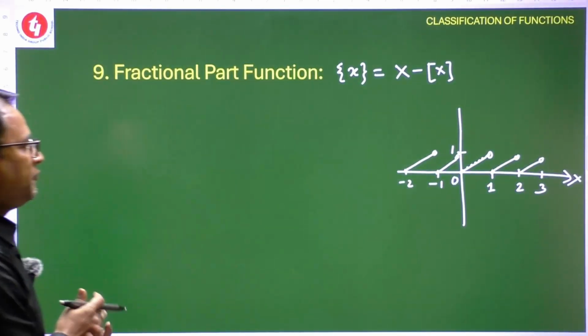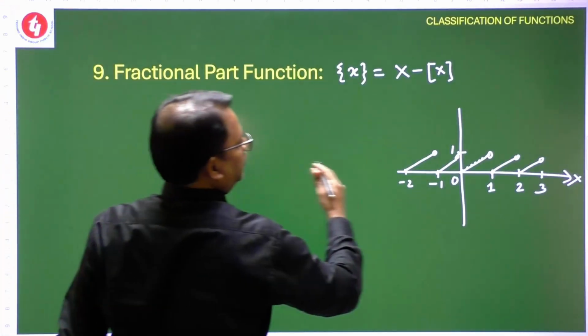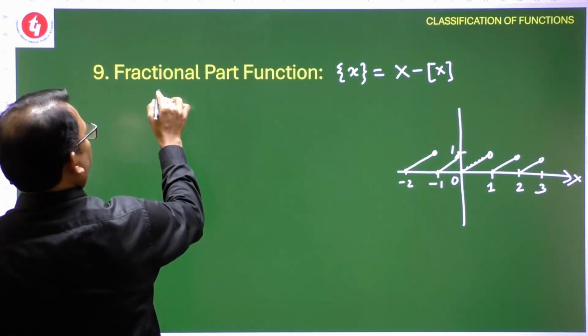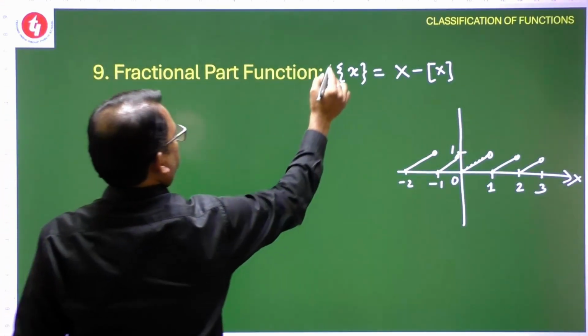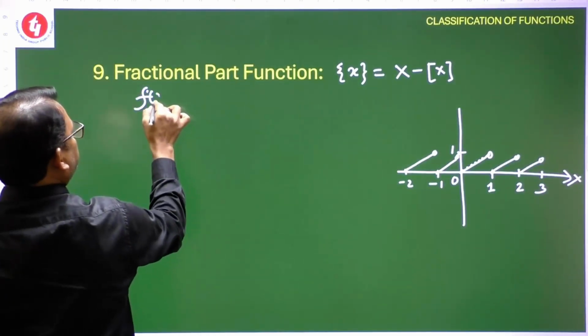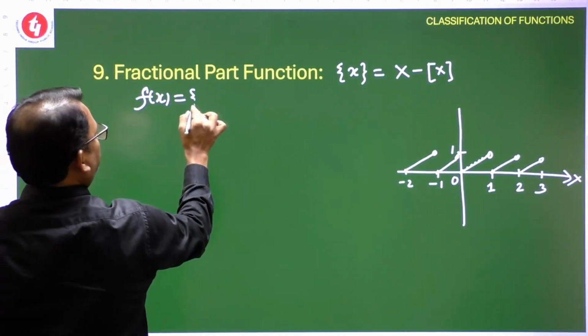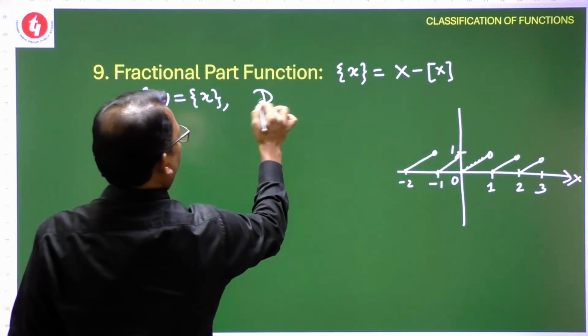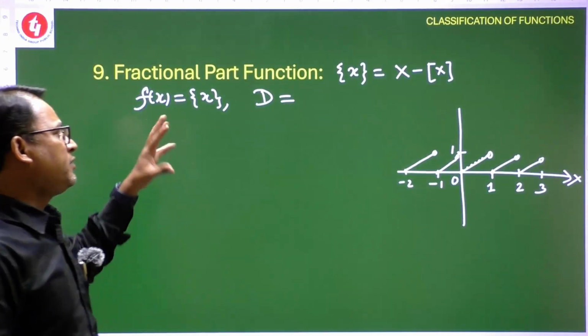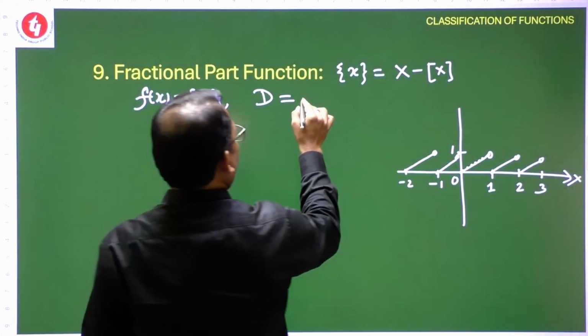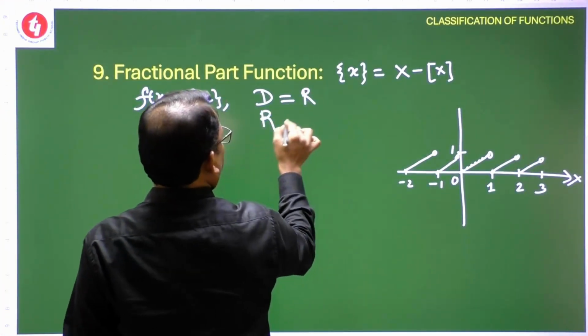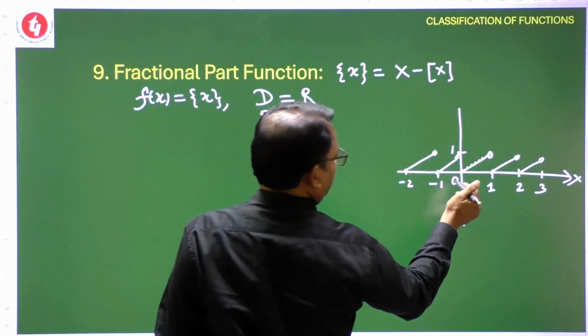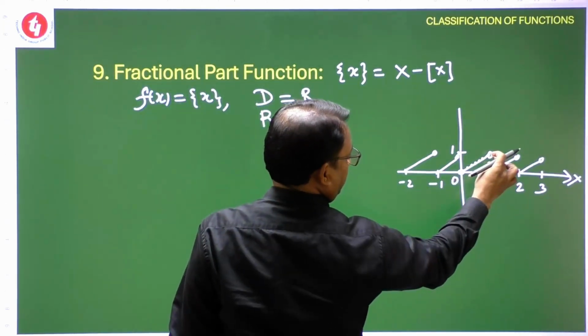So from the graph you can say what the domain of the function is. If we call f(x) equal to the fractional part of x, then the domain is whatever you can insert, it's your wish, so it will always be the set of all real numbers. For the range, you notice that it starts from 0 but cannot reach 1.